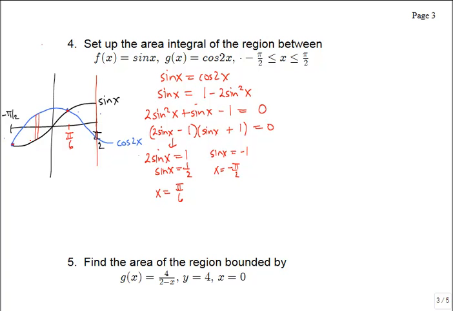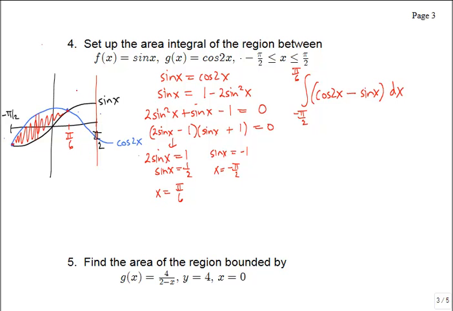So that's how I know that for this first integral, I want to do the blue curve, which is the cosine 2x first, because that's on top, minus the black curve on the bottom, which was the sine of x. And we want to use that just from negative pi over 2 until pi over 6. So that will get me this whole area right here.